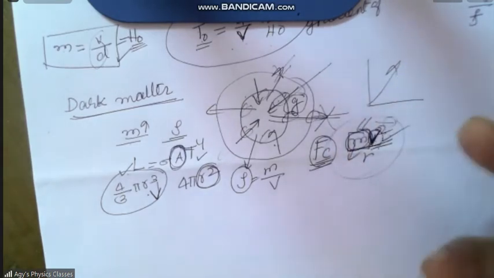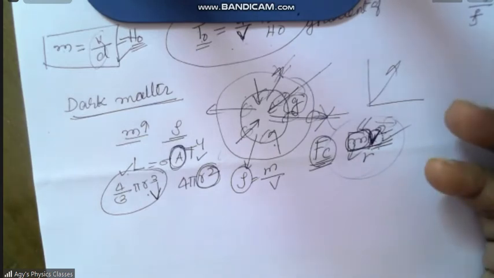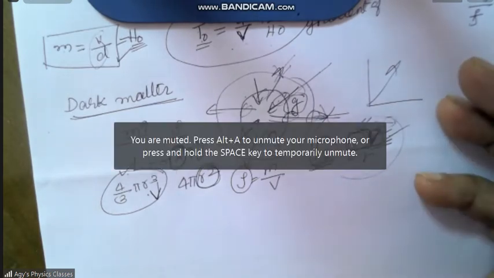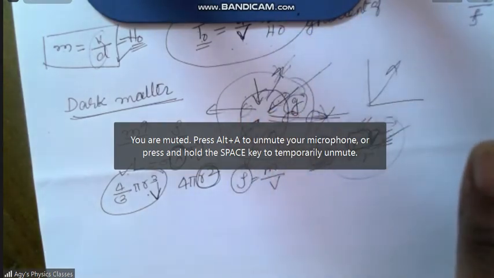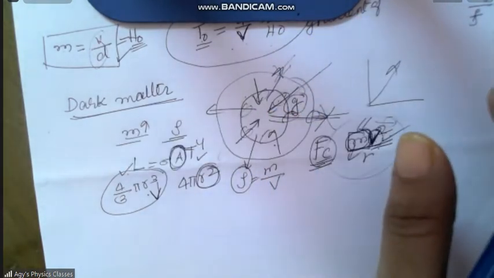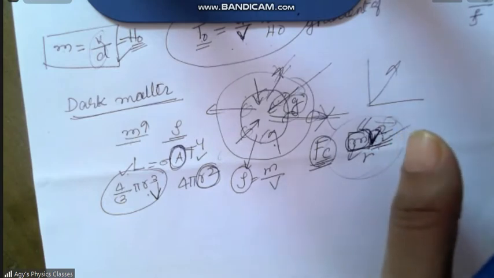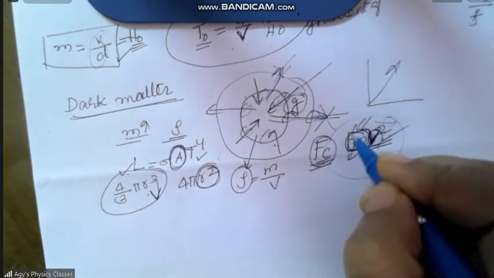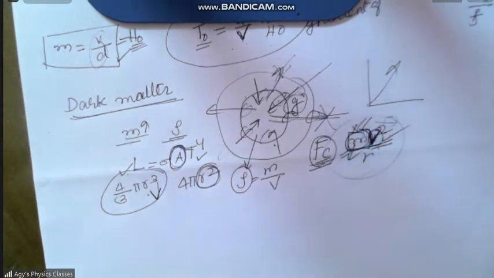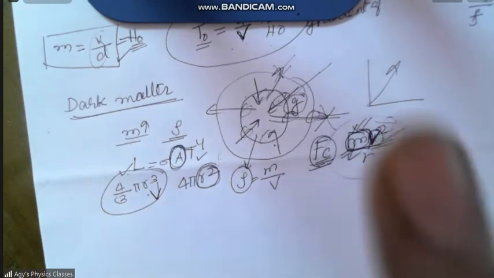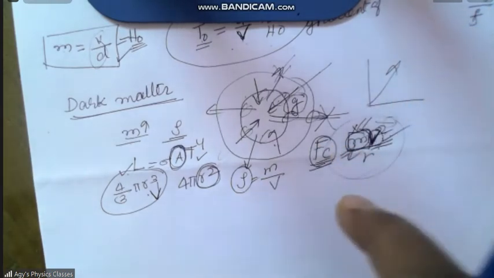Then scientists assumed that there is something called dark matter. Why dark matter? Because it doesn't reflect light. So from this discrepancy in the mass only, scientists came to know that there is something called dark matter.